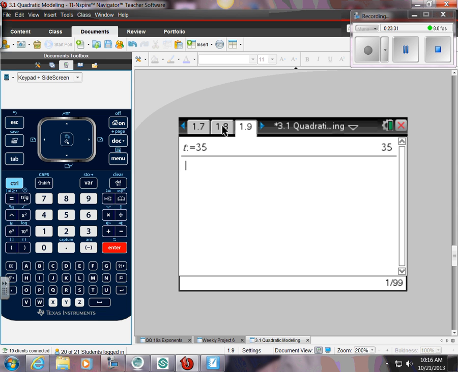Then we're going to type in our equation, 0.009167 t squared, minus 2.10357 t, plus 120.333.